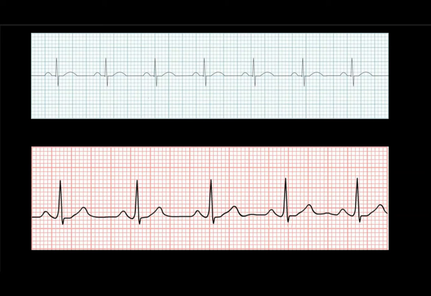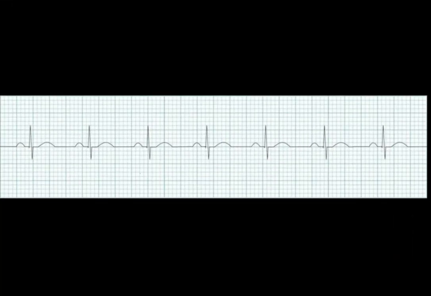So let's take a look here at our top strip, and we can see that this is a P wave, and this is a P wave, and this is a P wave. And as you can see, as we come down through here, these are all P waves. So P waves for the top ECG are yes, they are present.